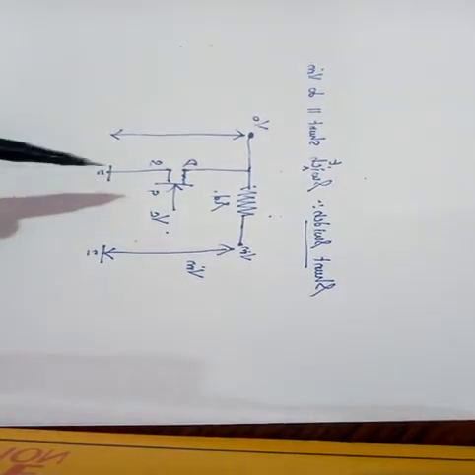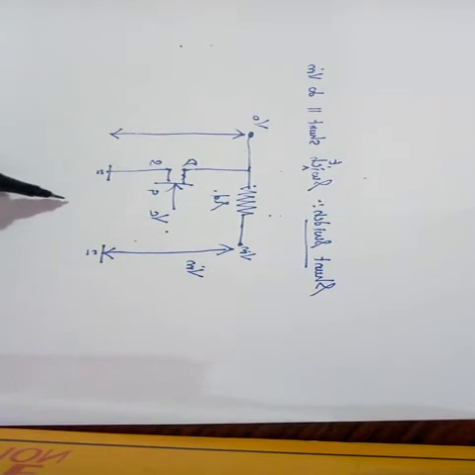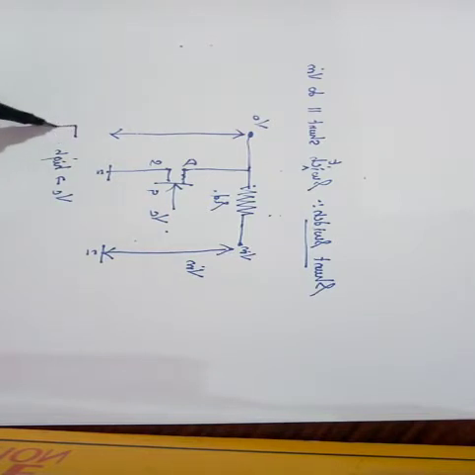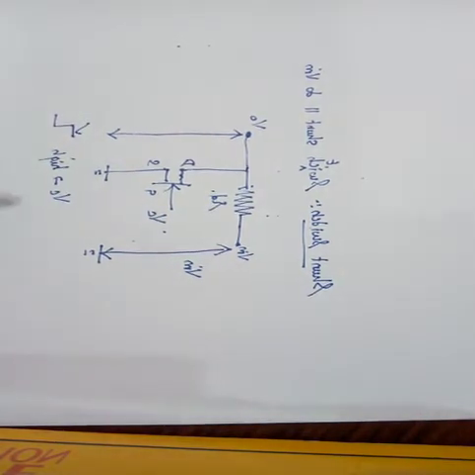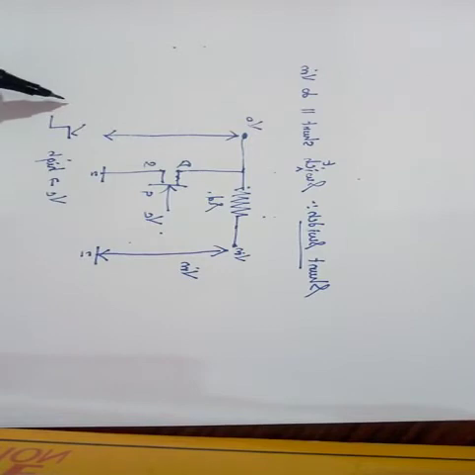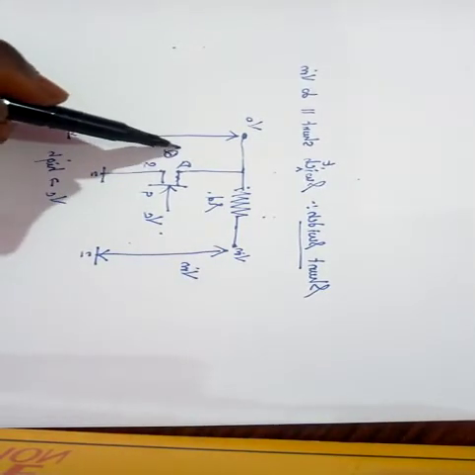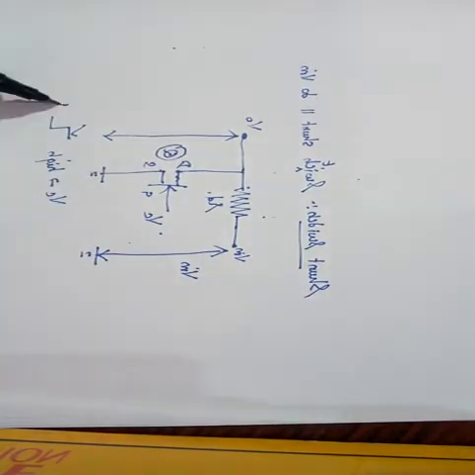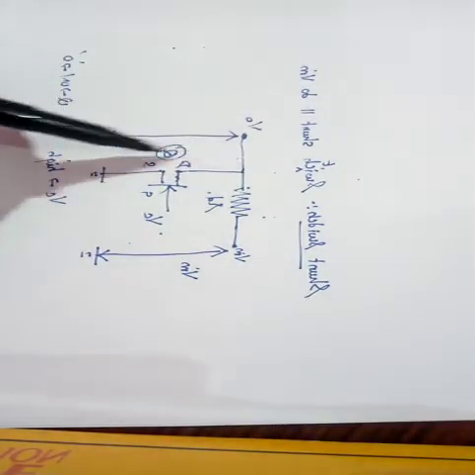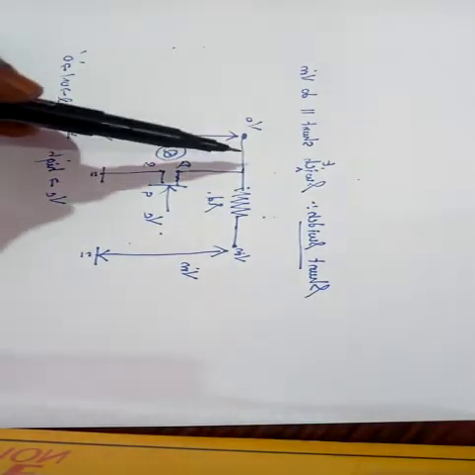Now listen carefully. When VC is high, that is a positive pulse, what happens? This is my Q. Q will be on, which offers zero resistance, so no voltage will be present across here.